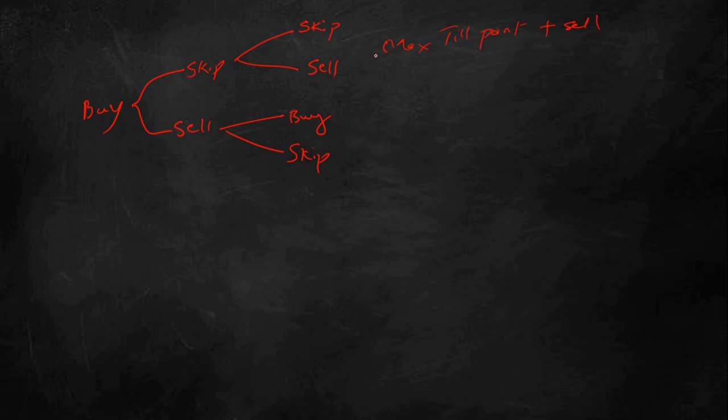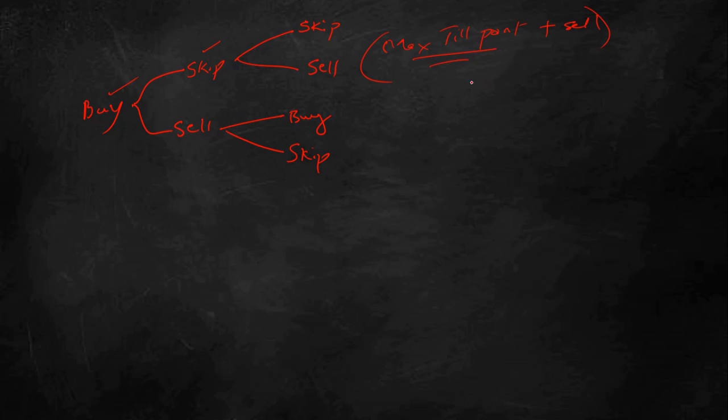Now how to get the max till that point? For the max till that point, I can decide whether to skip the buy option or to buy on the current day, if it was not bought earlier. That is the max till that point.